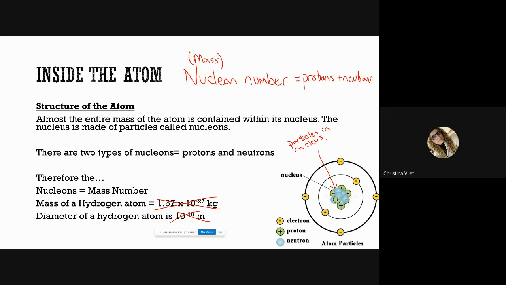You'll see in this class, if we have a particle in a nucleus, we call it a nucleon. So we call protons nucleons, we call neutrons nucleons, but we do not call electrons nucleons because they are outside of the nucleus. So that's important to note.